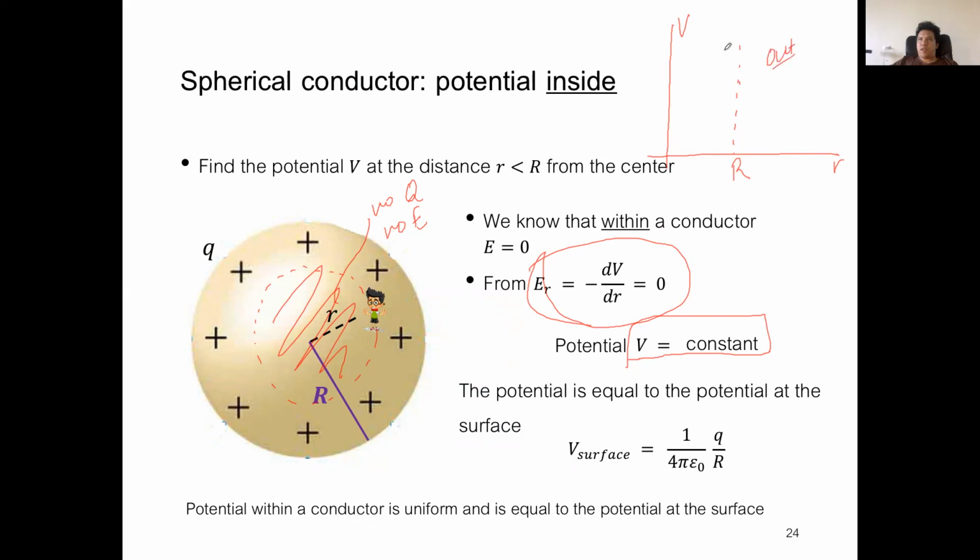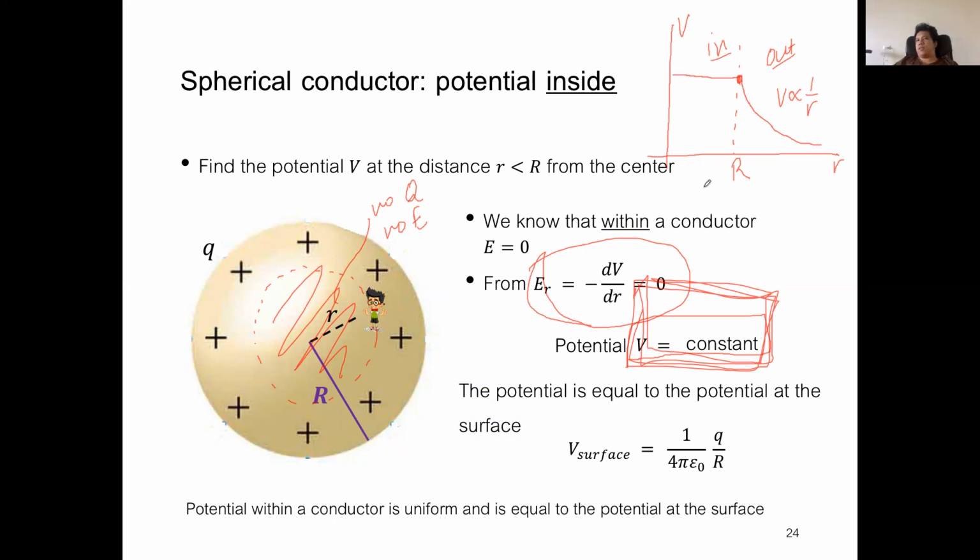In the case of outside and inside, for the outside, we have proved that the potential is inversely proportional to r. For the inside, we have proved that the potential V is constant. The potential at the surface should be equal to the potential outside right at the surface, so the potential should have a function like this.